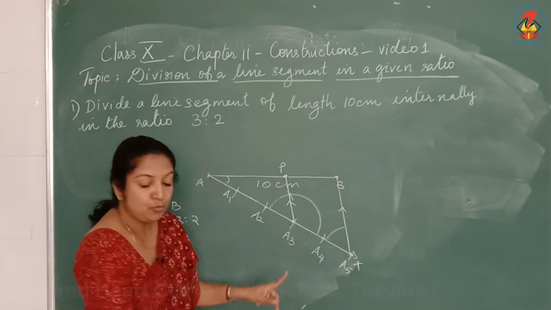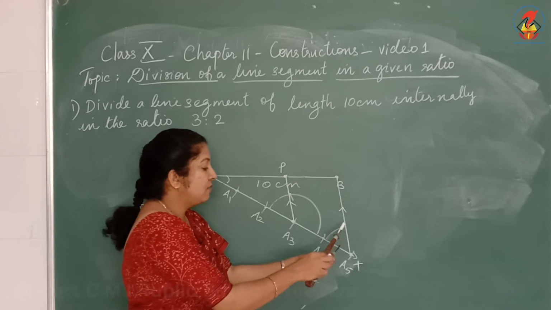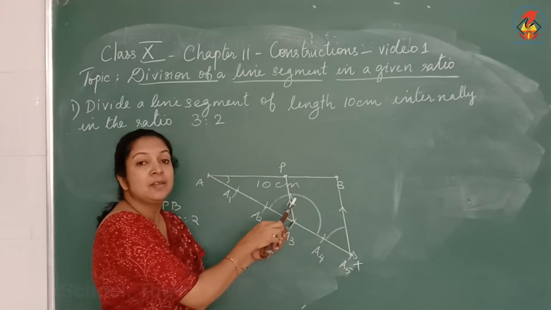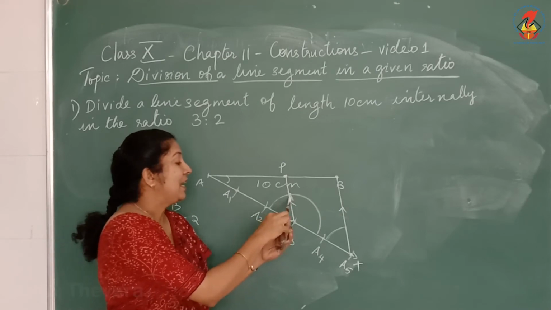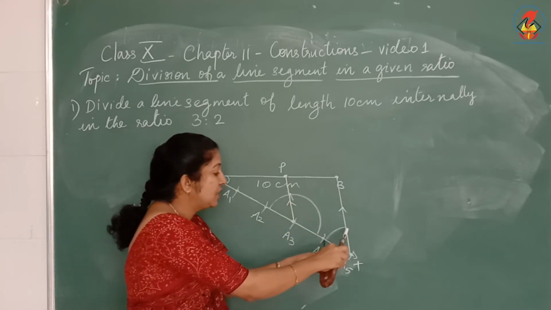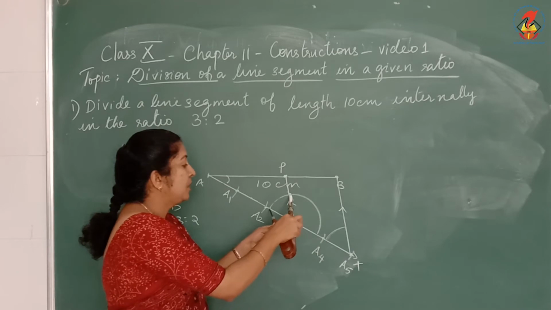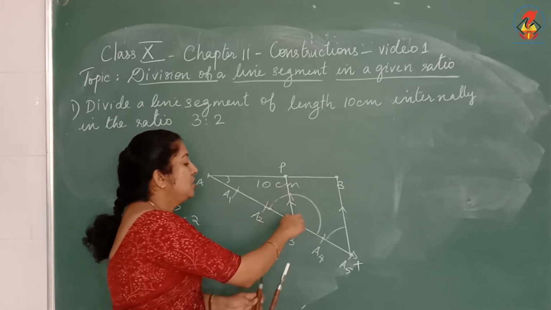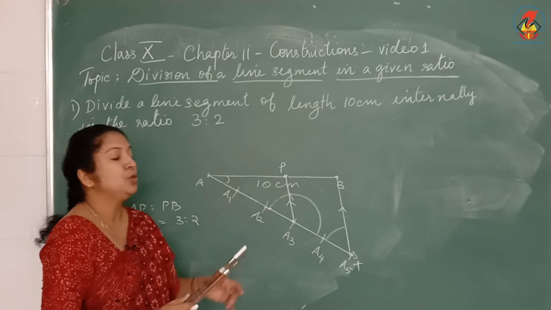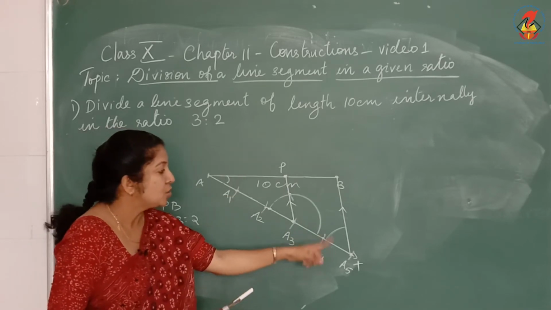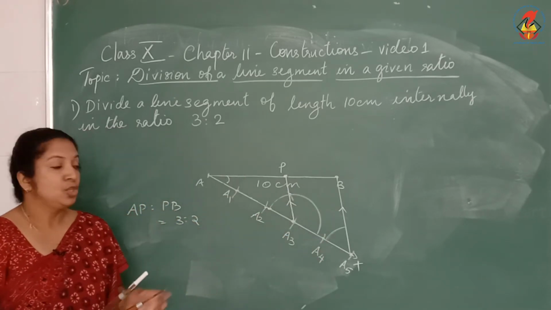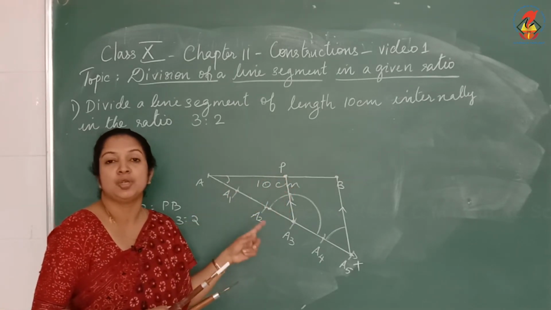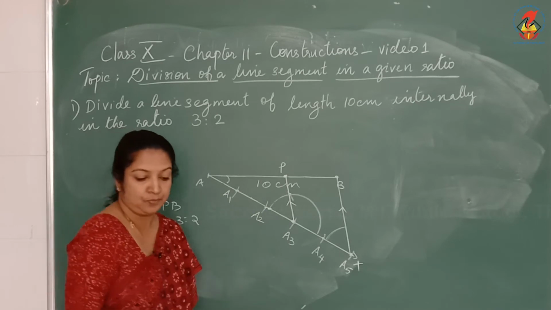For that, first we drew an arc of any radius. Using the same radius, we drew an arc at A3. Then we took this width and cut from here. Then join A3 to that point, which gives a parallel line. So P is the point which divides the given line in the ratio 3:2.